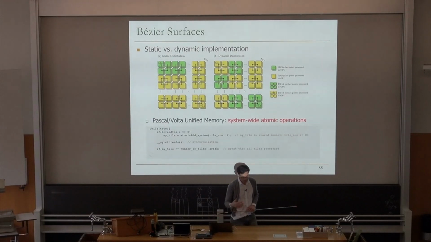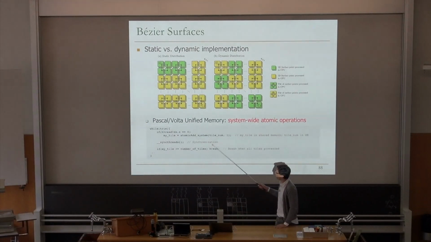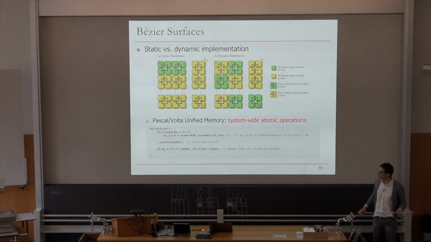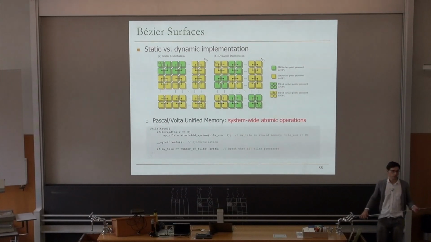In principle, this queue could be implemented by using system-wide atomic operations. In principle, this is not really necessary for Bezier surfaces. Why is that? Because they are very regular computation. So as long as we have profiled the system once and figured out that the sweet spot is 20% of the tiles to the CPU, then we are done, and we can repeat this many times.